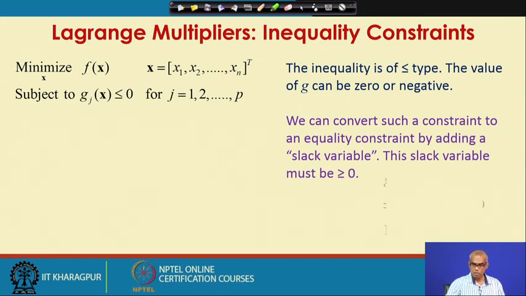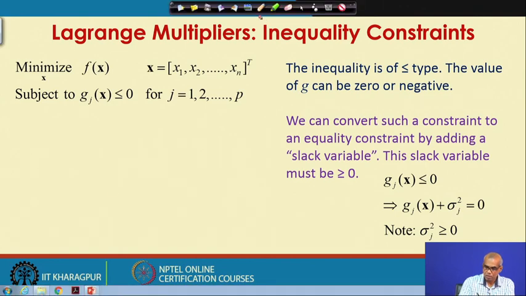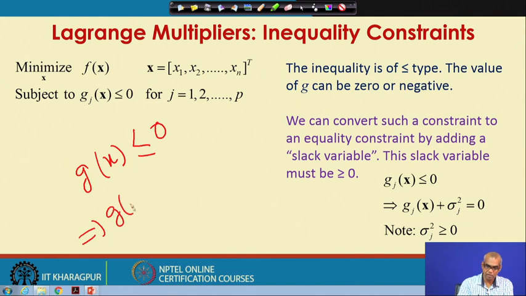How? Let us say I have an inequality constraint as g(x) less or equal to 0. So, I can always add a positive term such that the right hand side will be equal to 0.